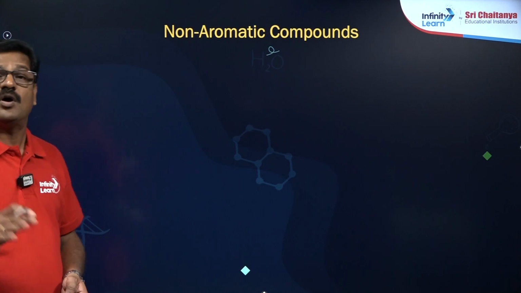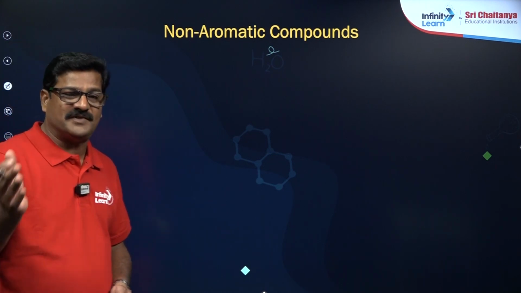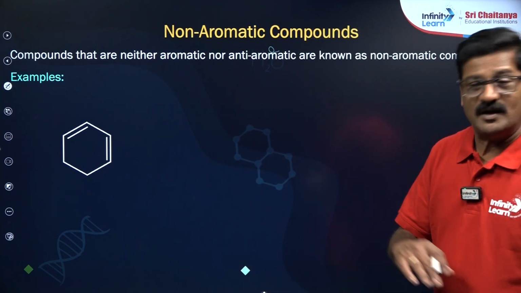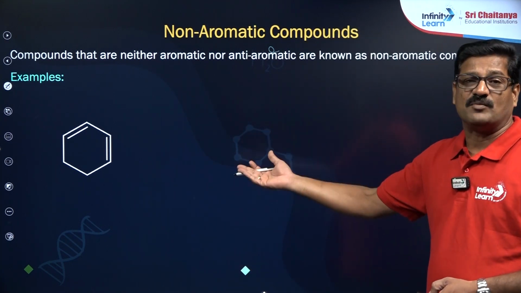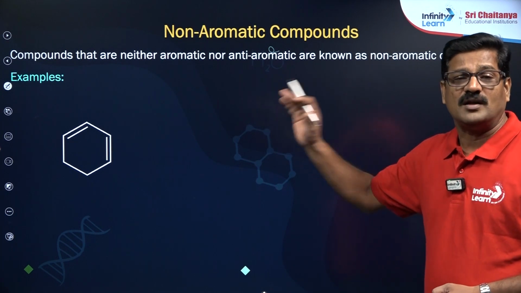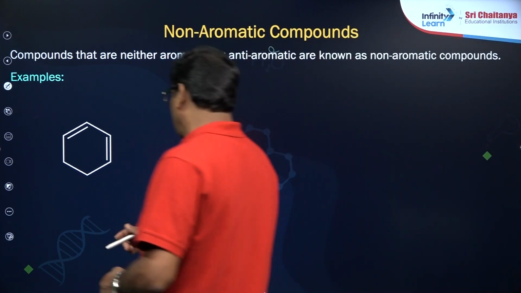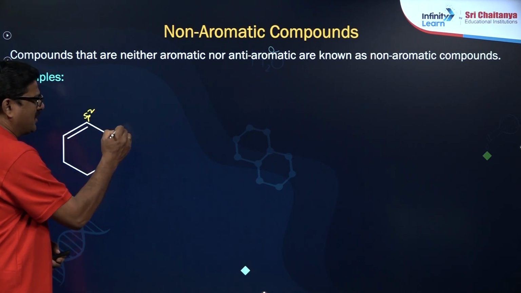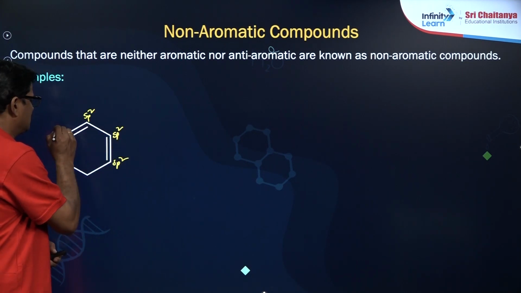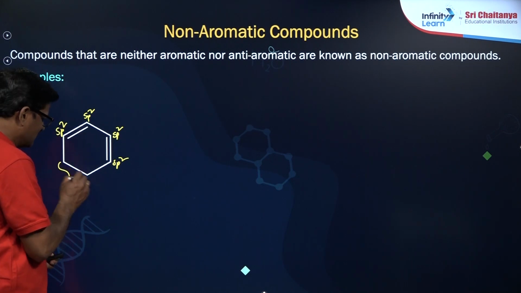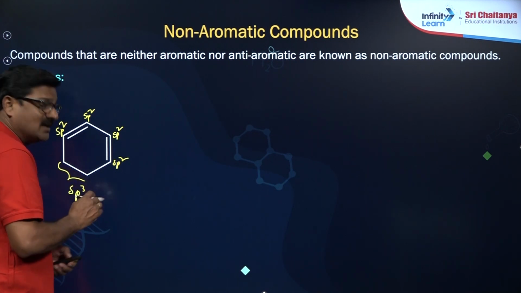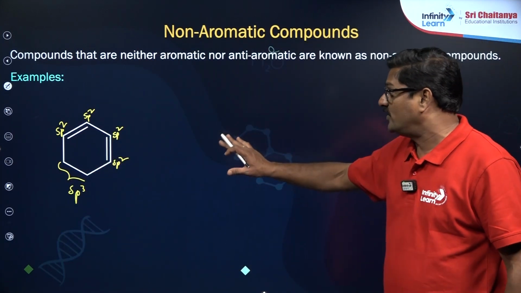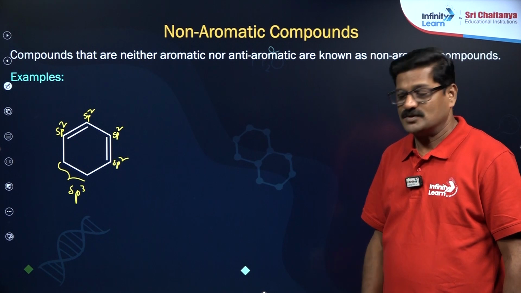And talking about non-aromatic, if in a conjugated cyclic system planarity is missing or the conjugation is missing, such compounds are said to be non-aromatic. You can see this is sp2 hybridized, this is sp2 hybridized, whereas these are sp3 hybridized. Planarity is missing. Whenever planarity is missing, it is said to be a non-aromatic compound.